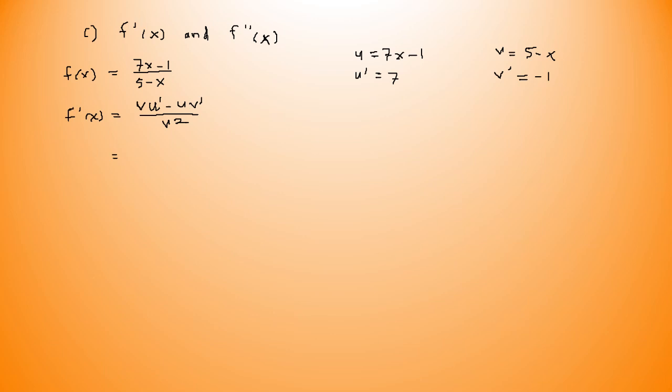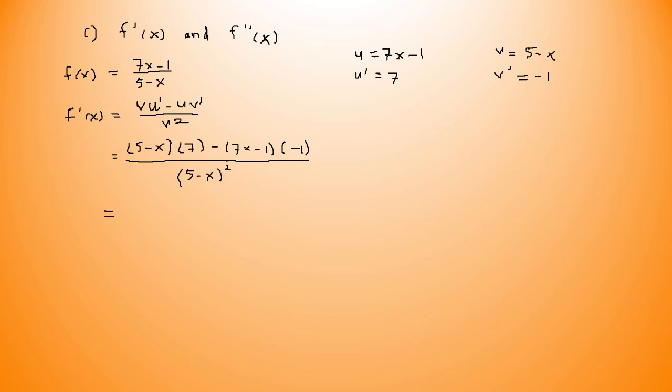Substitute v is equal to 5 minus x. Multiply by u prime, which is 7, minus u, which is 7x minus 1, multiplied by v prime, negative 1. Divide by v squared, where v is (5 minus x) squared.